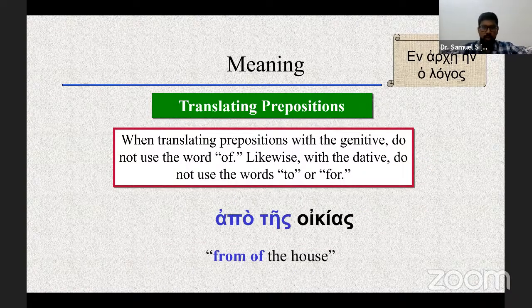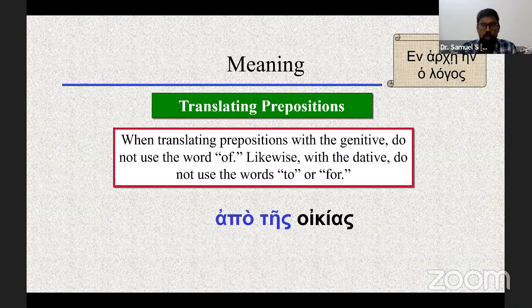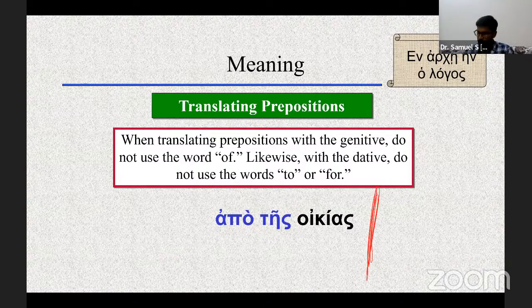Translating prepositions. When translating prepositions with the genitive, do not use the word of. Likewise, with the dative, do not use the words to or for. If we go back to our previous study in the nouns, we said that the genitive case communicates possession.